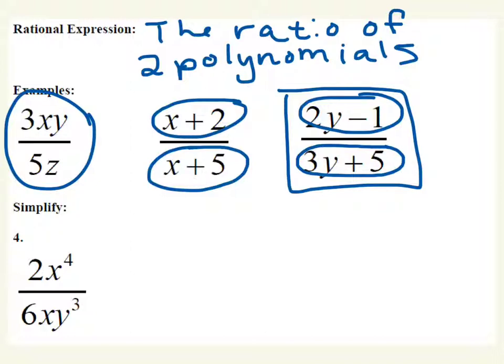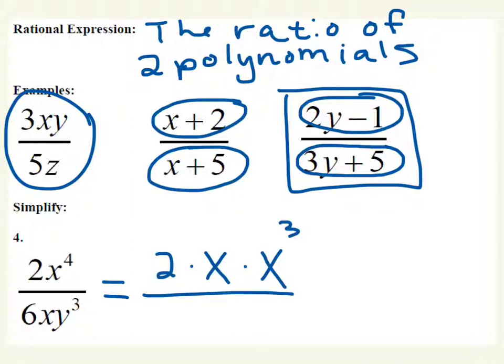So let's think of our numerator in terms of 2 times x to the third, thinking of our exponent rules. In the denominator, let's express 2 times 3 to be the equivalent of 6 times x times y to the third. Now remember, I was able to separate my x to the fourth as x times x to the third because of our exponent rules.